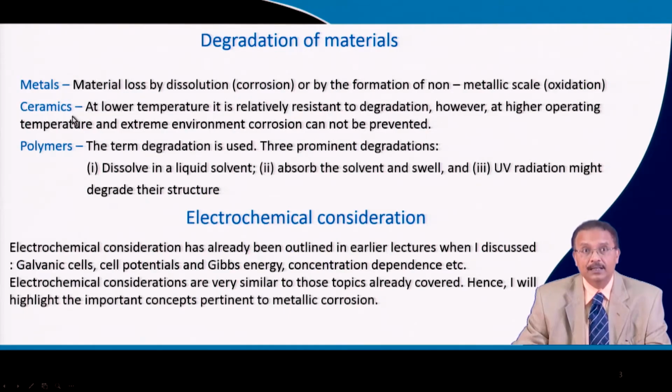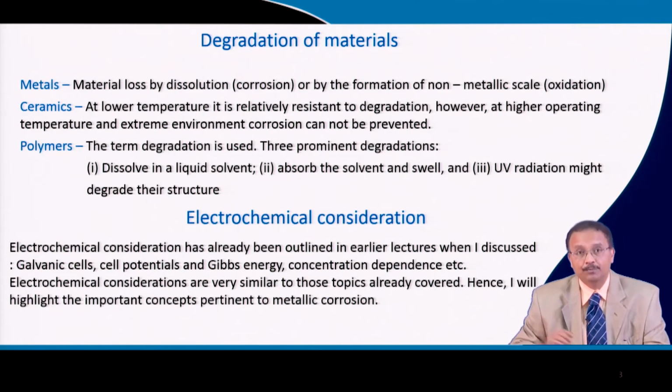In case of ceramic, at low temperature it is relatively resistant to degradation, but at high operating temperature, particularly in extreme environment, the corrosion cannot be prevented; otherwise they are corrosion free materials. In case of polymer, usually the term degradation is more appropriate.